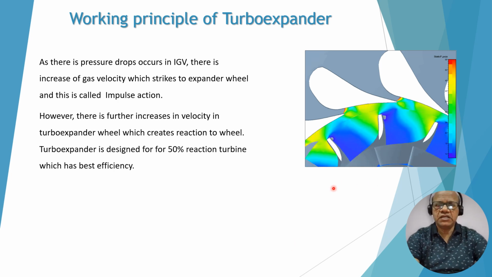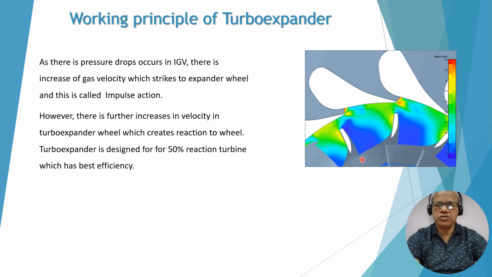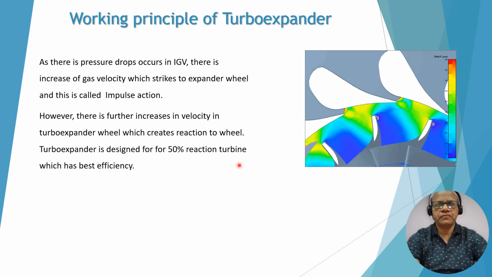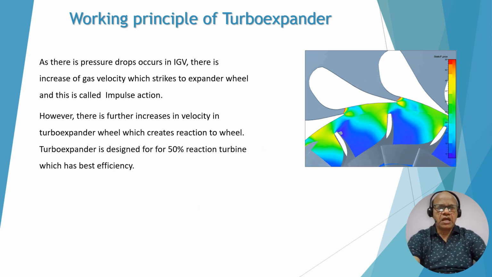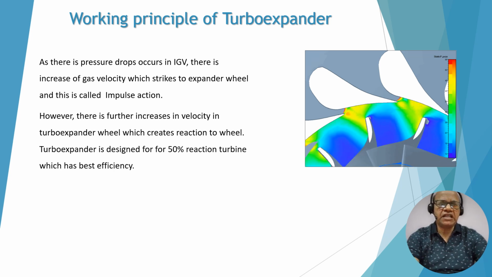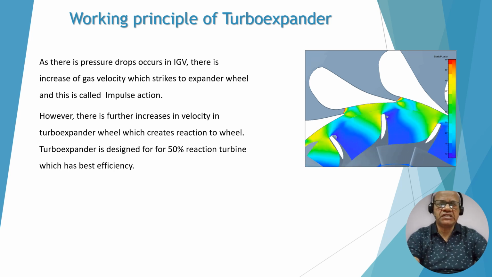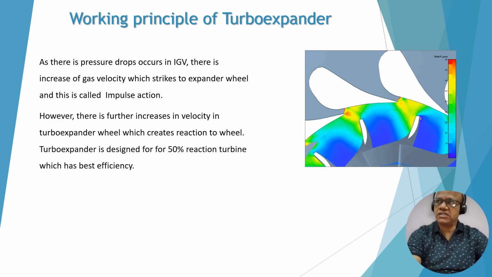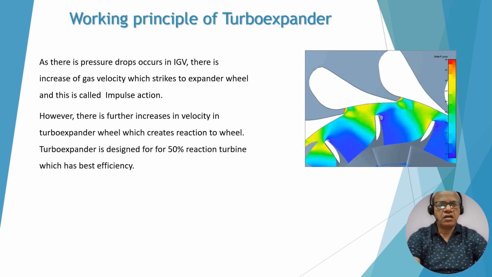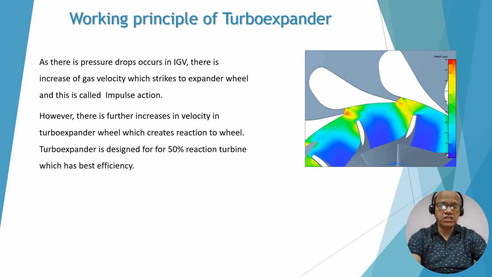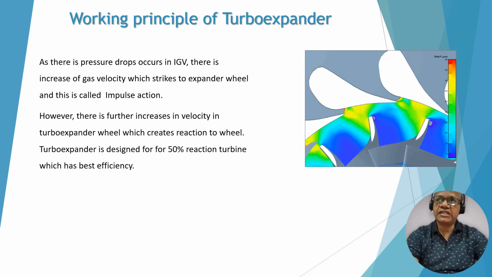So you can see the expander wheel is rotating under high pressure gas. This is the IGV. As a pressure drop occurs in the IGV, there is an increase of the gas velocity which strikes the expander wheel, which is called the impulse action. But there is also an increase in the velocity of the gas in the expander wheel.